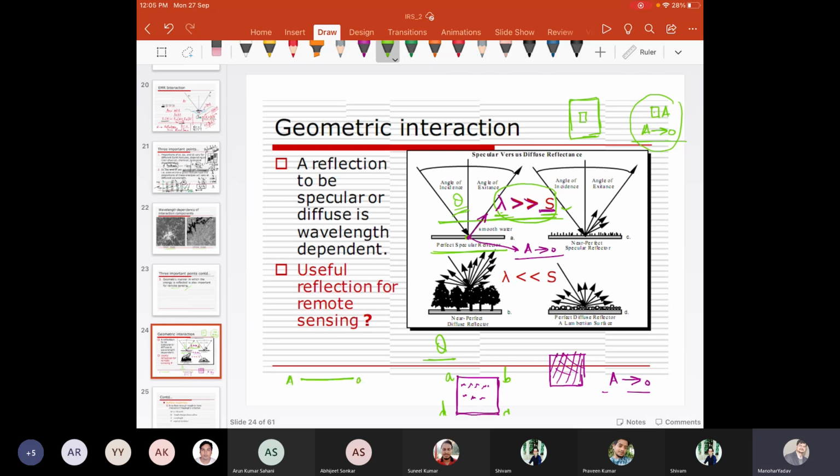This is A, B, this is D, and when A and D coincide, this is C.